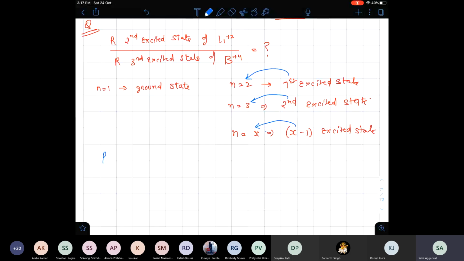So radius of third orbit of lithium 2 plus divided by radius of fourth orbit of boron plus 4. So it will be n square by z divided by n square by z.